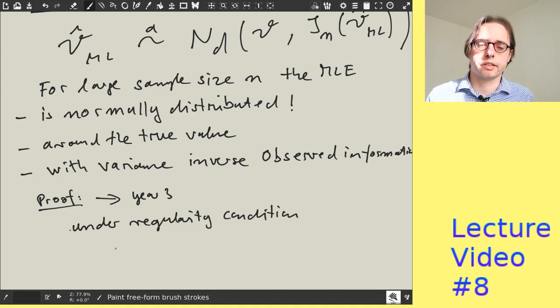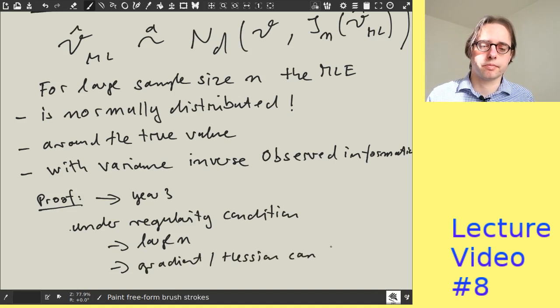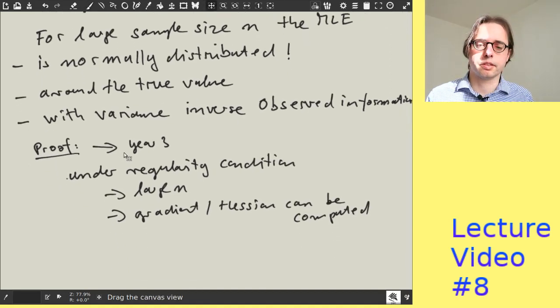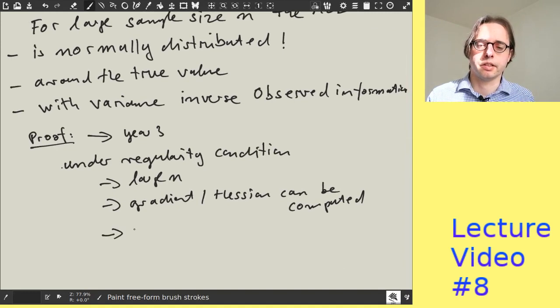But for now we can basically just say under regularity conditions, and the regularity conditions are of course large n and the curvature, so gradient and Hessian, can be computed, and also what's important, the true parameter is not on a boundary. True theta does not lie on a boundary.